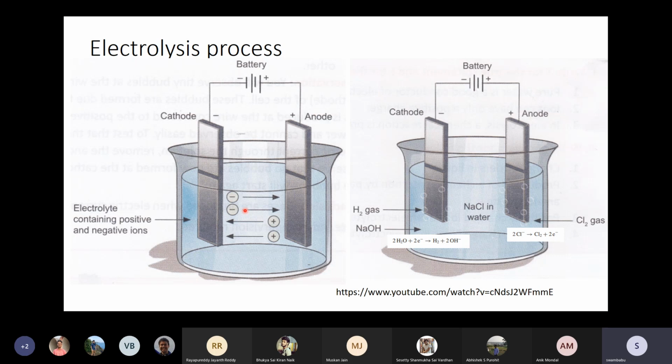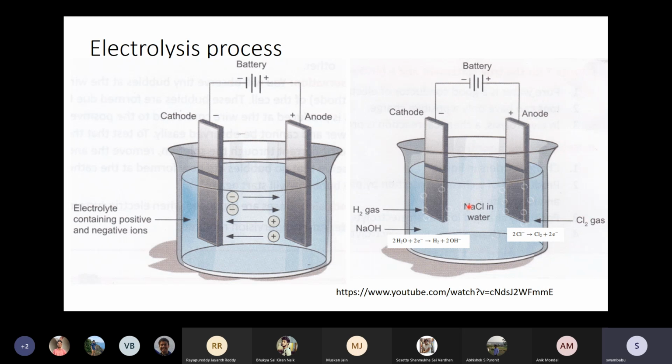So, take the context of sodium chloride in water, that is the right hand side picture. If you dissolve NaCl in water, the NaCl will be turned into Na plus ions and Cl minus ions, and it will contain water also.